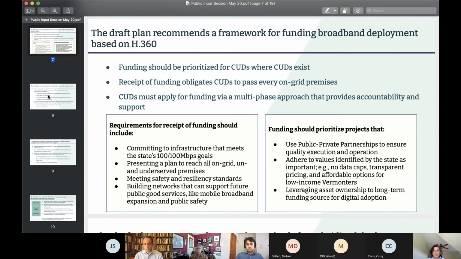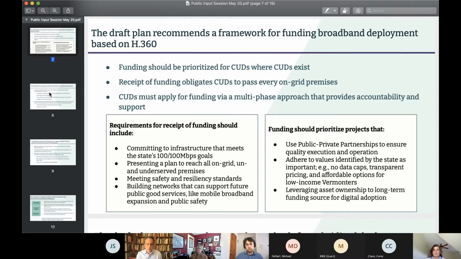We also have what we believe are the recommended requirements for receiving funding and the ways that funding should be prioritized. And those are different things. So we did recommend that if you're going to spend this kind of public dollars on building broadband, you should be building the future-proof broadband, which is the fiber 100 over 100 megabit per second that meets the state goals.